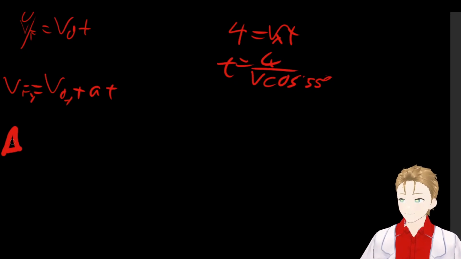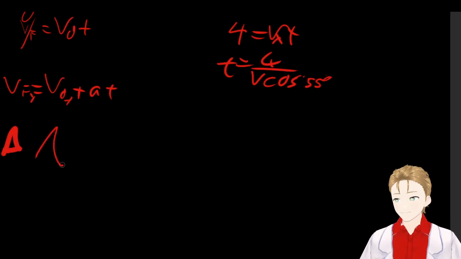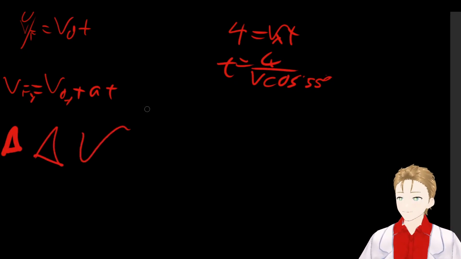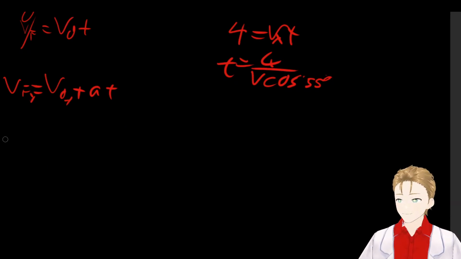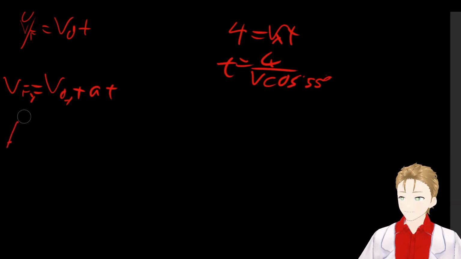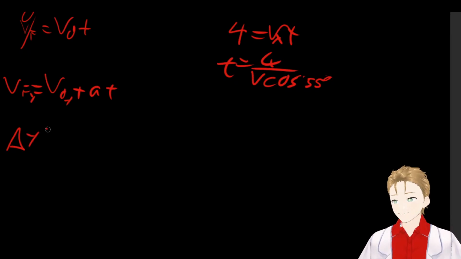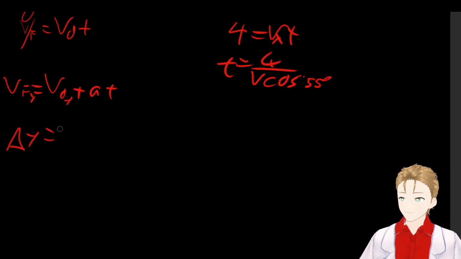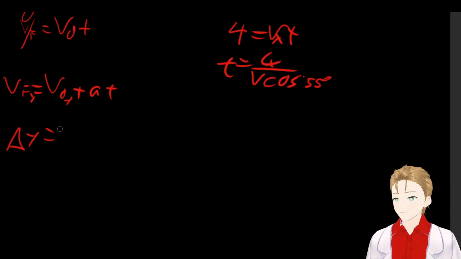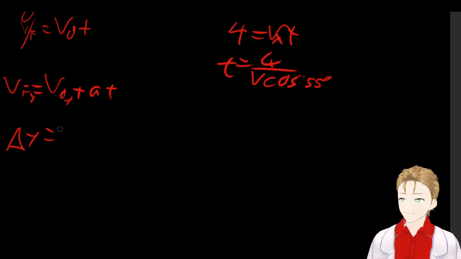Okay, what do we do? How about the formula for y? Does it help to know that I have a v cosine? We just need to get rid of everything else.